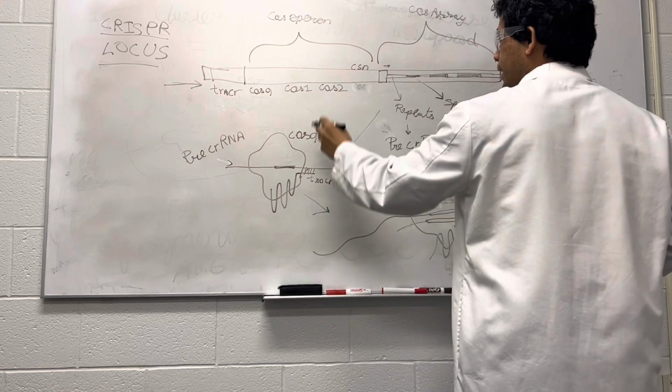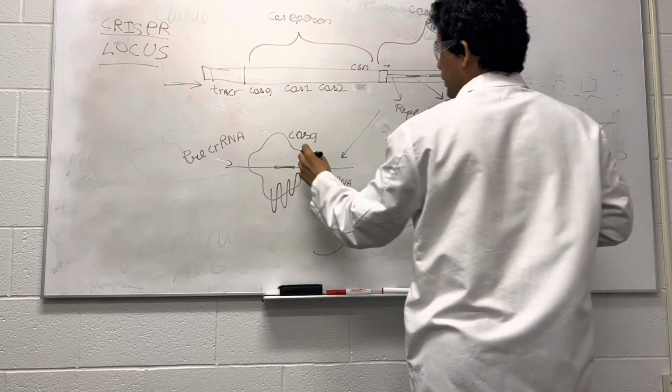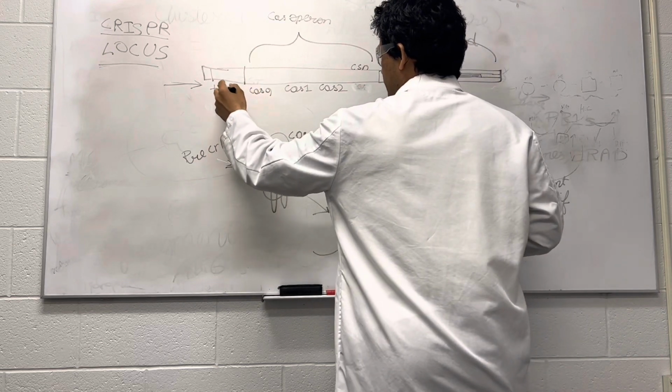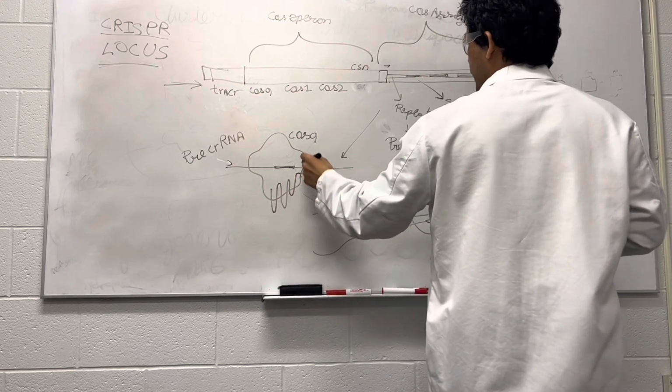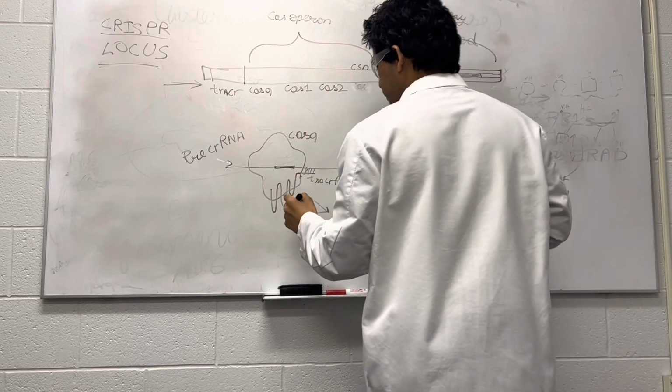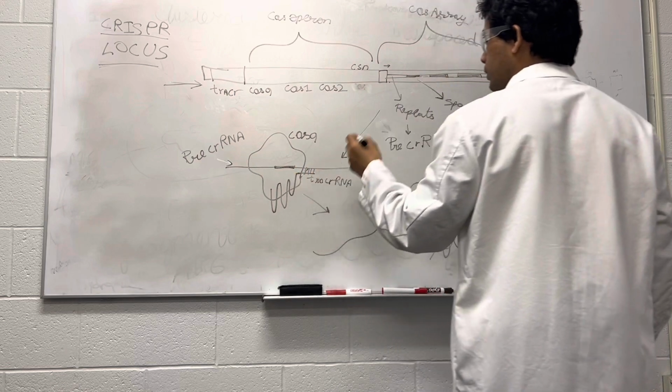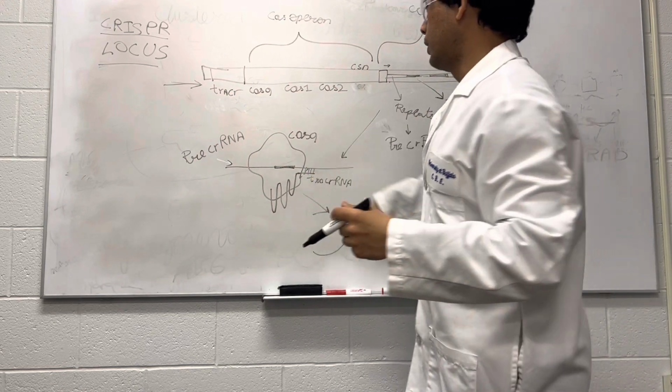Cas9 can detect the spacer sequence and bind to it, and the tracer RNA will also attach to Cas9.